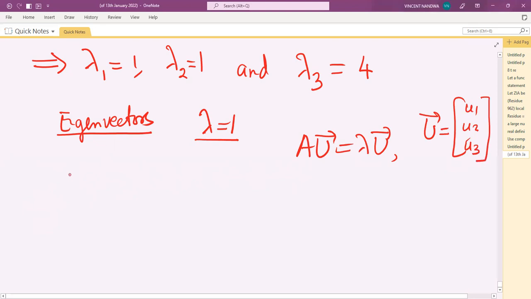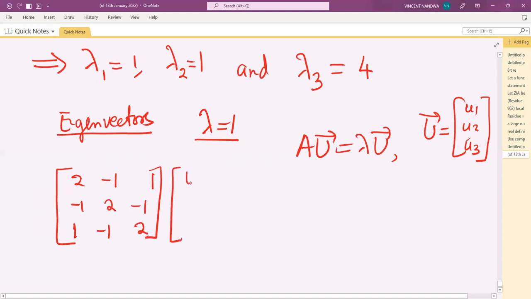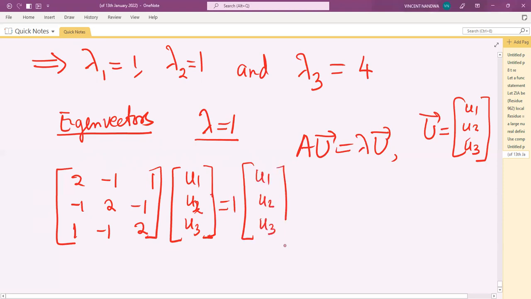So we'll have the matrix A as 2, minus 1, 1; minus 1, 2, minus 1; 1, minus 1, 2. You multiply by U1, U2, U3, which should give us 1 times U1, U2, U3.